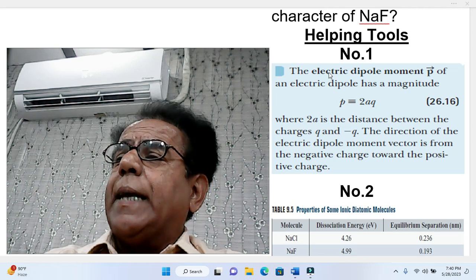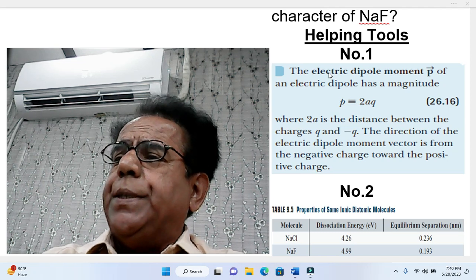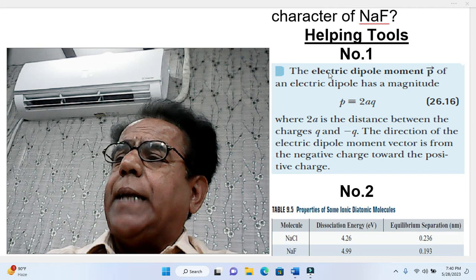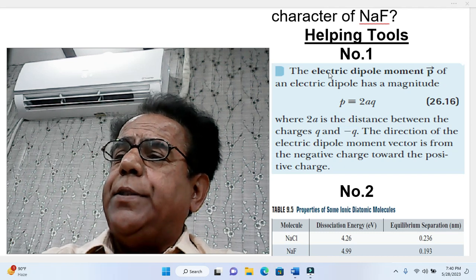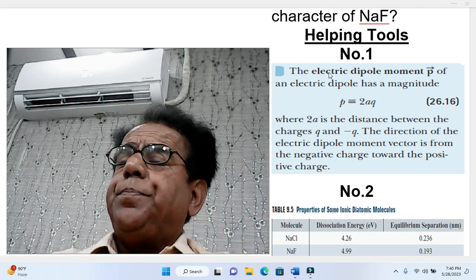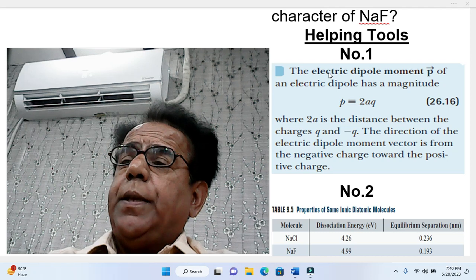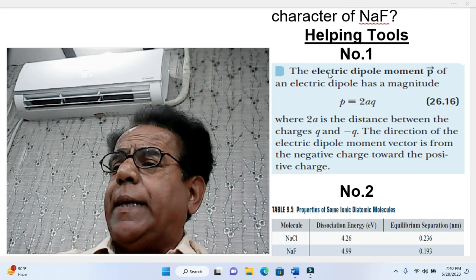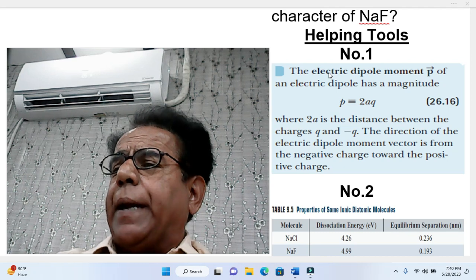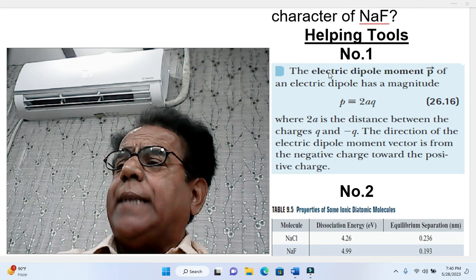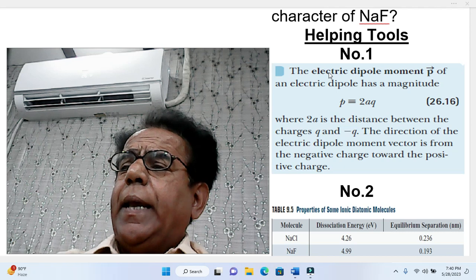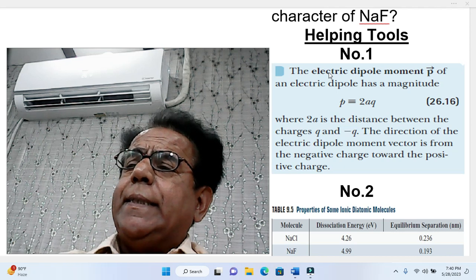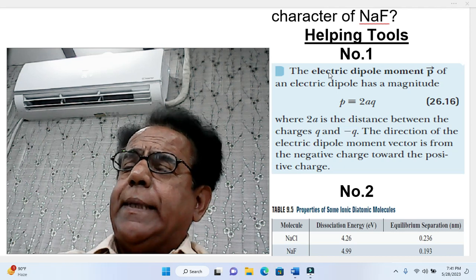The electric dipole moment P of an electric dipole has a magnitude P equivalent to 2aq. Dear students, here two lines are parallel, which means exactly equal, and one line is above these two parallel lines.